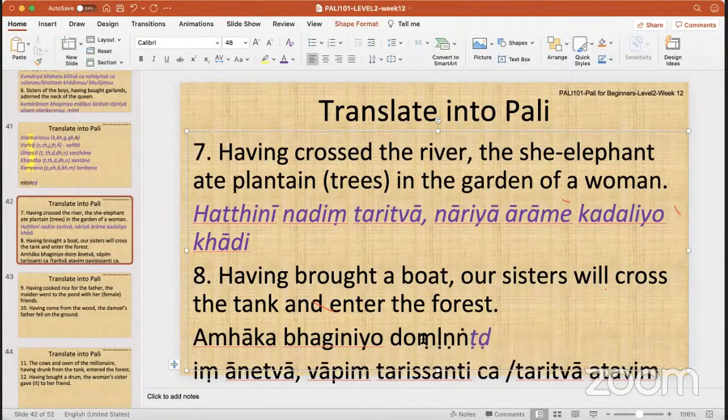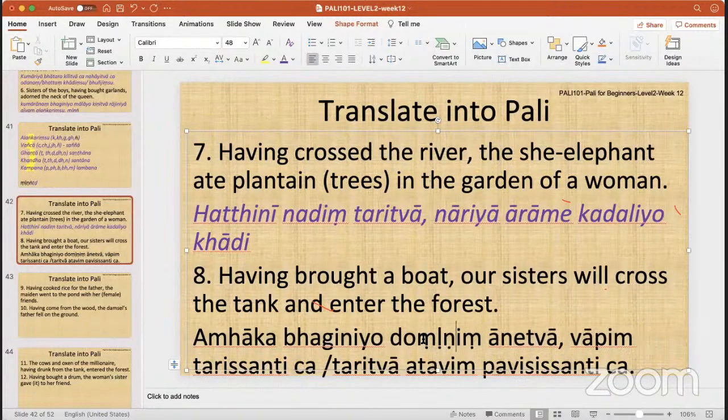But you don't have the dot. Yes, but we can add the dot. Doning, okay. And then vapping. And then tarissanti cha, taritwa ataving.